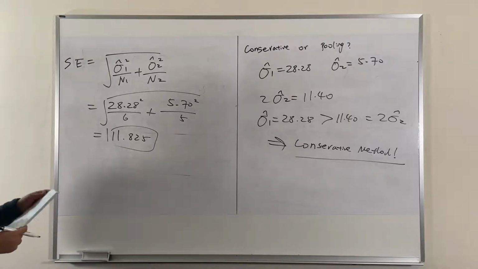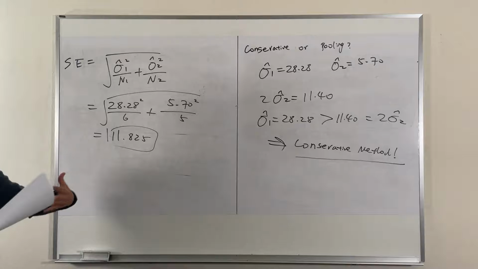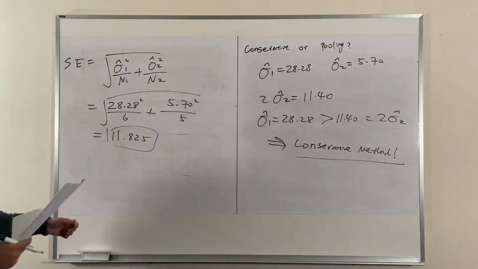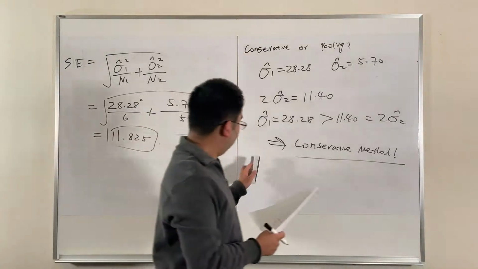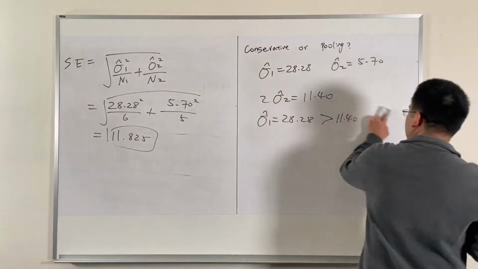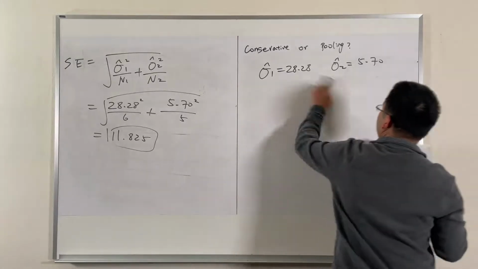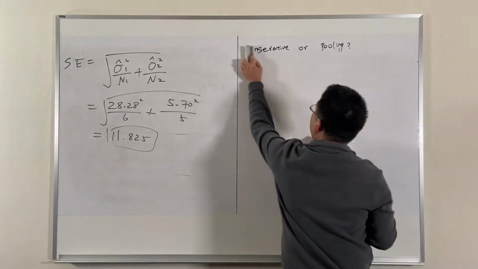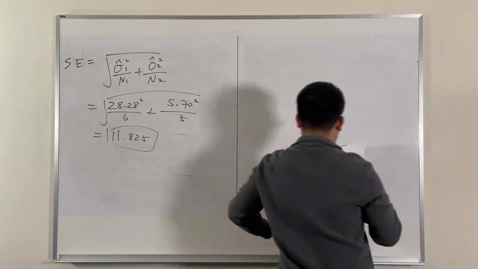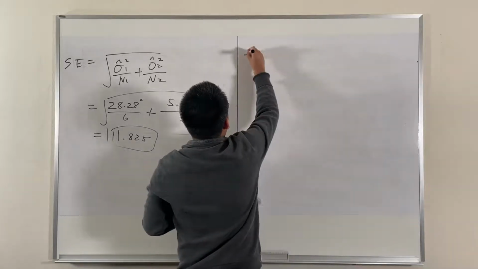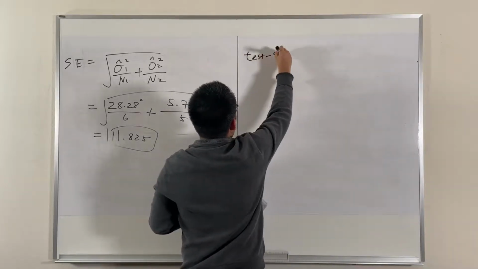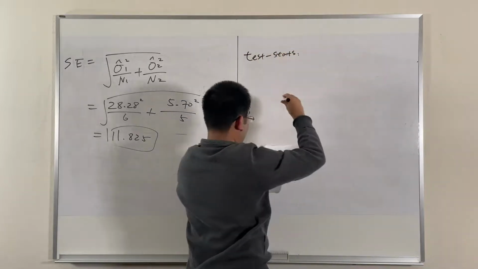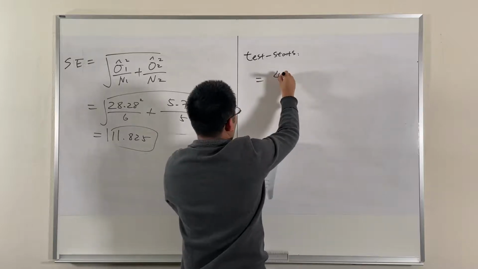Once we have the standard error, then we're going to find the test statistic and critical value. Our test statistic in this case equals 40 minus 22.